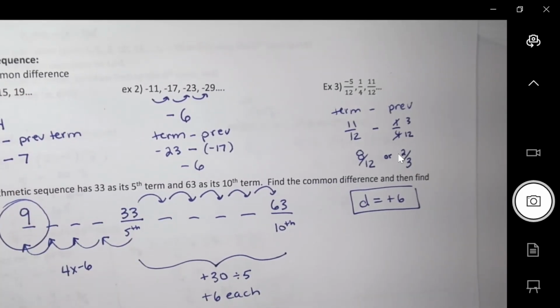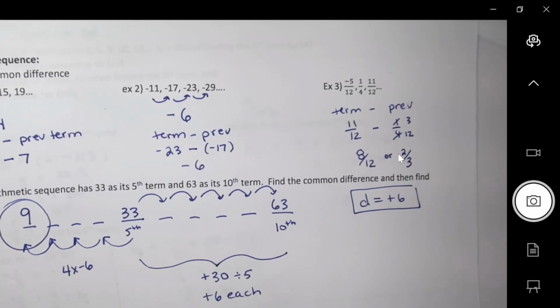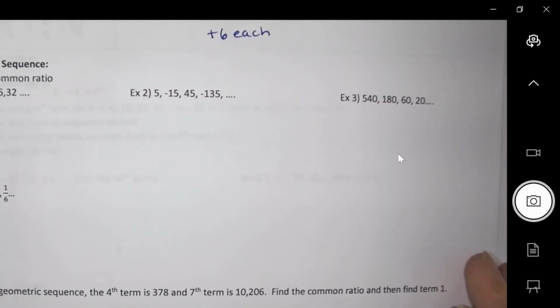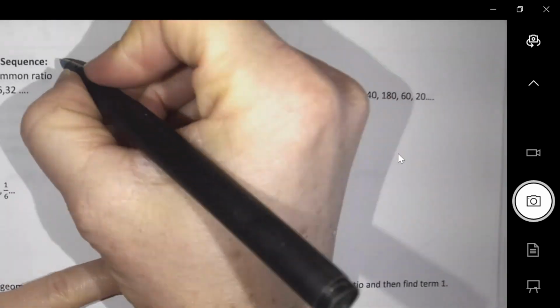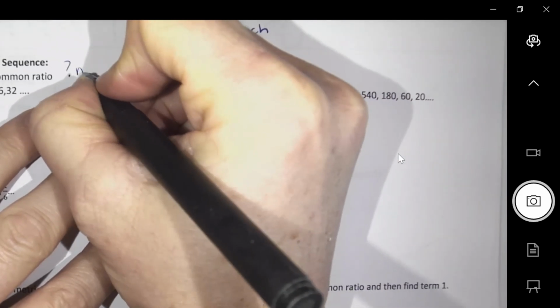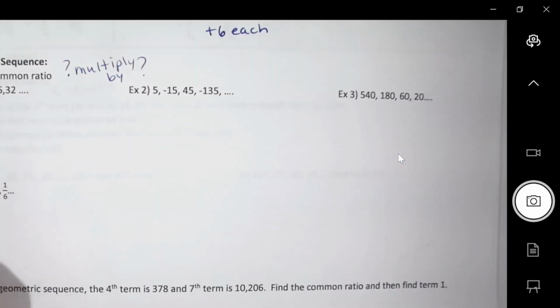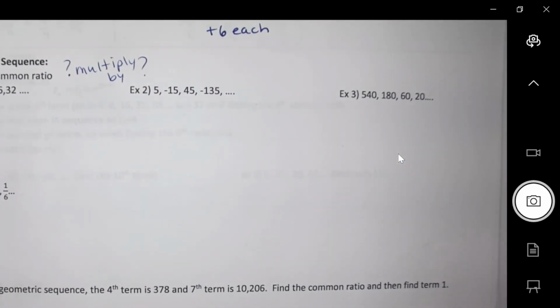Now we're going to talk about geometric sequences, because a geometric sequence always has a common ratio or a common multiplier. So, what did I multiply by? That's what we're asking ourselves. I'm not asking you what am I dividing by, I'm asking you what am I multiplying by.